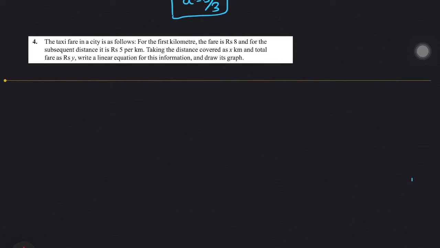Taking the distance covered as x kilometers, the question also mentions the total distance x kilometers and total fare y. Write a linear equation for this information and draw the graph.